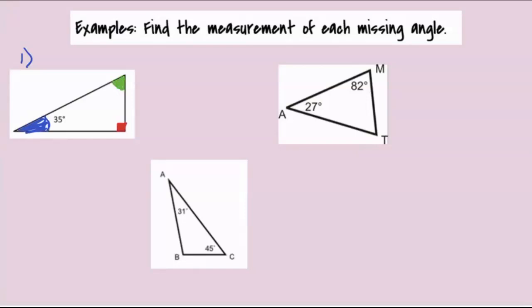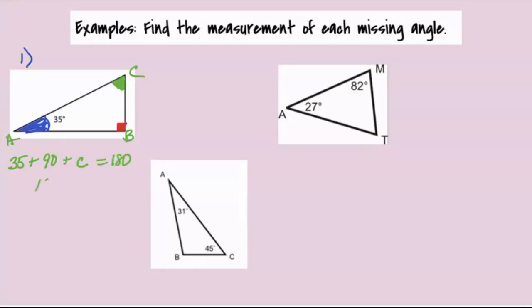Just as we said angle A plus angle B plus angle C equals 180, we can go ahead and write that angle A is 35 plus angle B is 90 plus angle C is equal to 180 degrees. And then we can solve that equation.